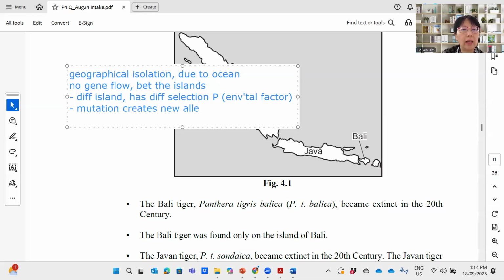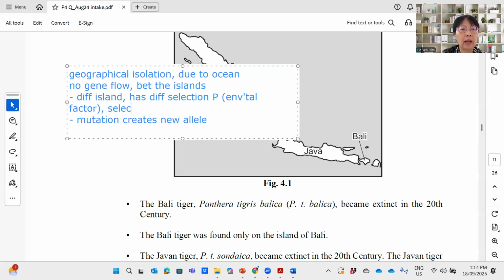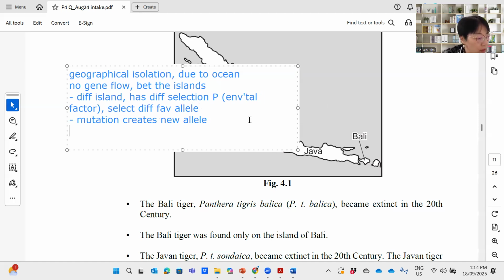Okay, mutation creates new allele. Different selection pressure will select different favorable allele in different island. Okay, in different island. So individual with favorable allele will survive. So you need to mention survive and reproduce.